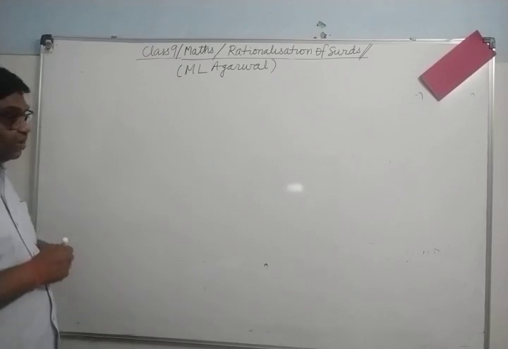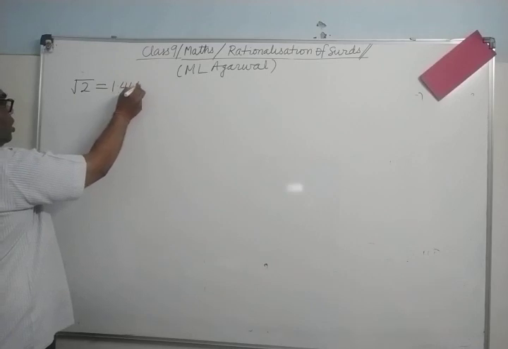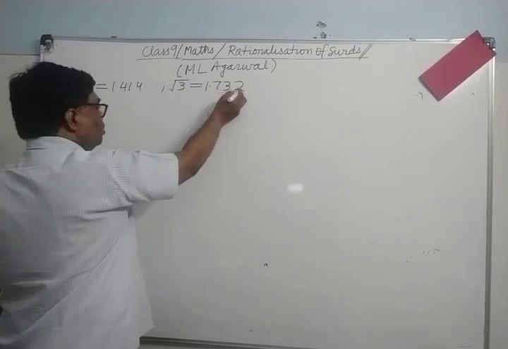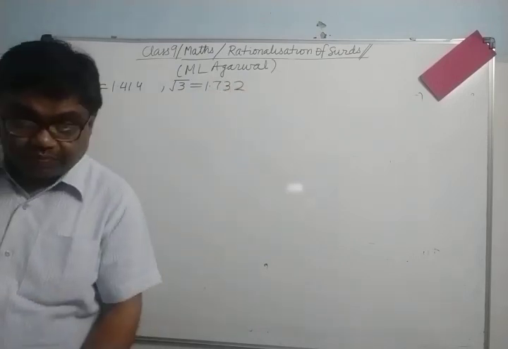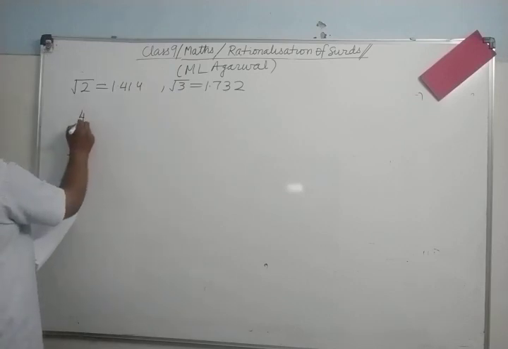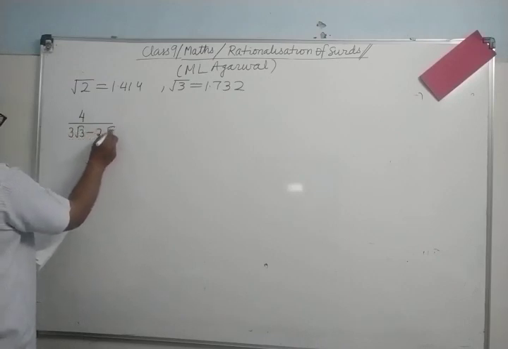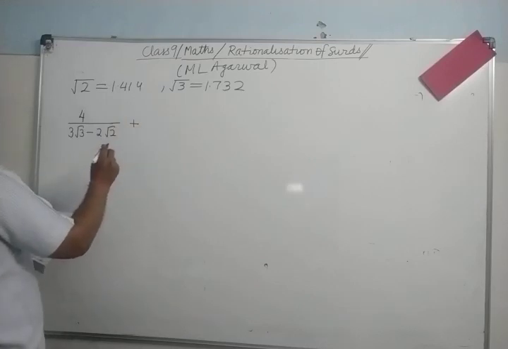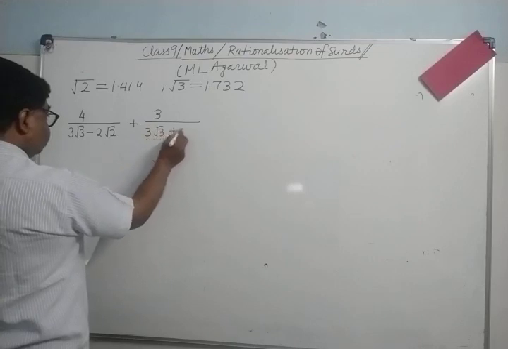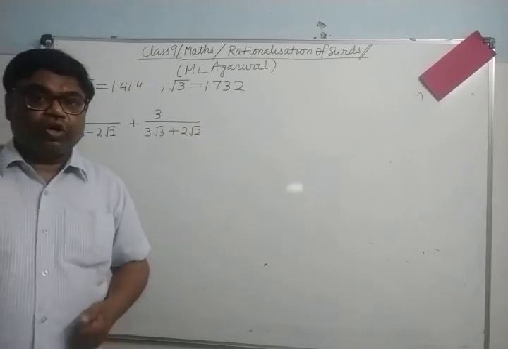Now root 2 is given here as 1.414 and root 3 is given as 1.732. You have to simplify this expression: 4 upon 3 root 3 minus 2 root 2, plus 3 upon 3 root 3 plus 2 root 2. It's clear? Then find the value.